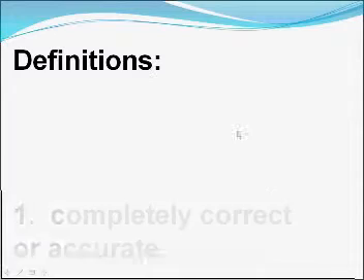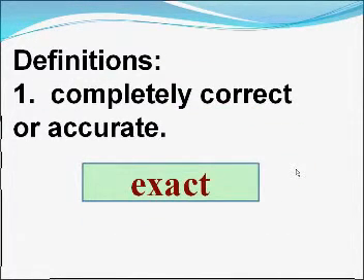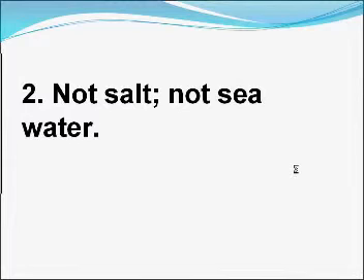Okay, then we come to the definitions. Okay, number 1. Completely correct or accurate. That's an adjective meaning completely correct or accurate. Great, that's exact. Very good. Number 2. Not salt, not seawater.